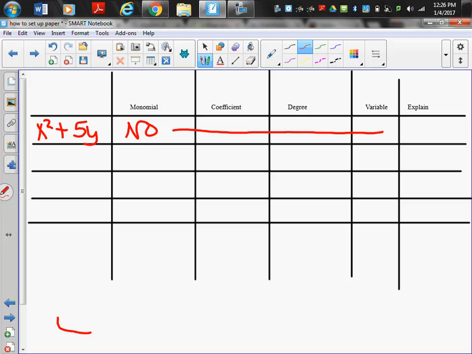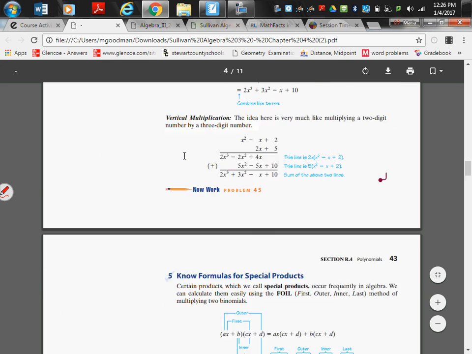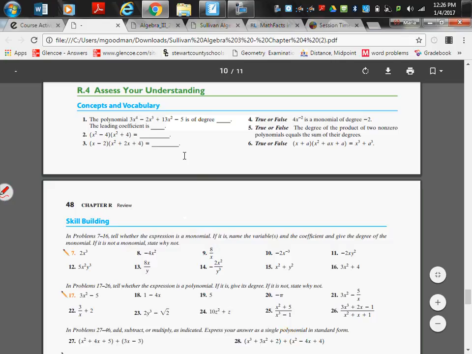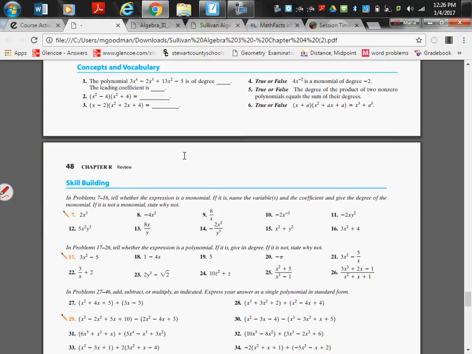All right, your assignment. Page 48, 7 through 16. Just like what we just did. So we draw a chart. Make your chart just like we set it up.